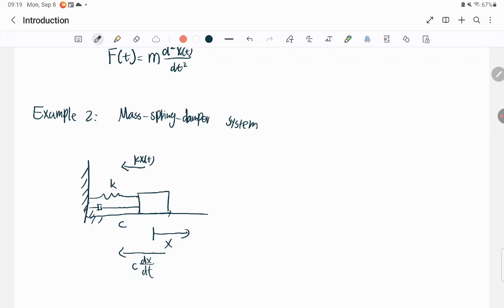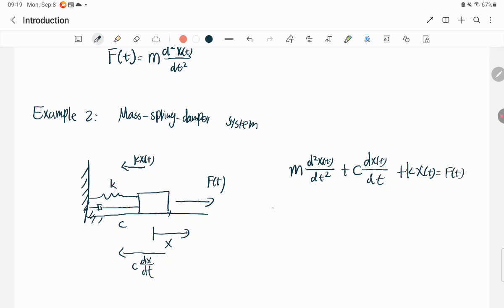If an external force f(t) acts on the mass, Newton's law gives m d squared x of t over dt squared plus c dx of t over dt plus k x of t equals f of t.